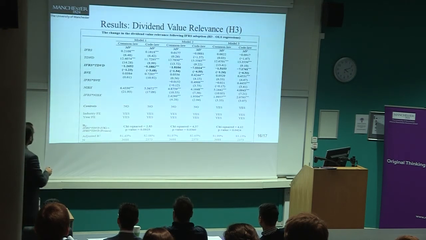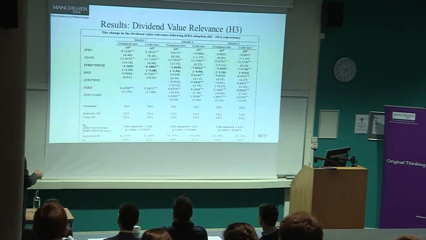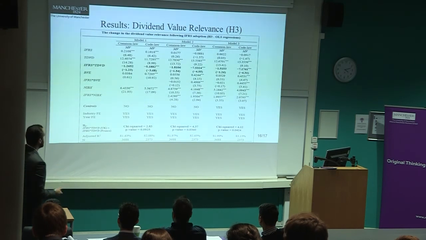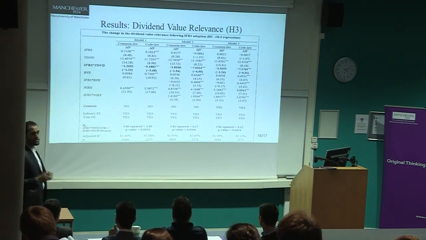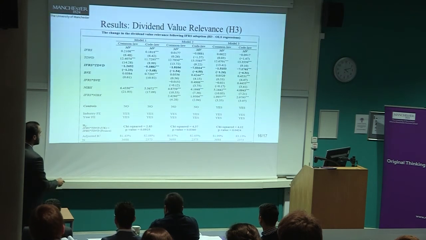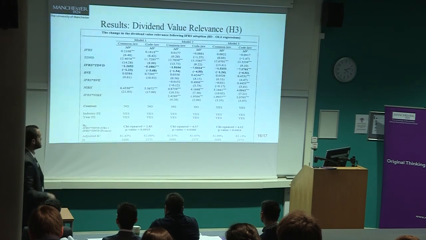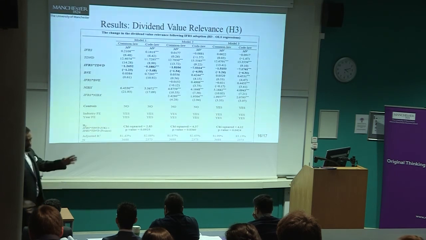When we include the interaction of the accounting numbers with IFRS, so the book value of equity and the net income interacted with IFRS, which captures the change in the value relevance of accounting variables after IFRS adoption, the value relevance of dividends persists as negative, but the difference between these 2 coefficients becomes significant at the 5% level, and this result persists after including all the controls, the vector of control variables.